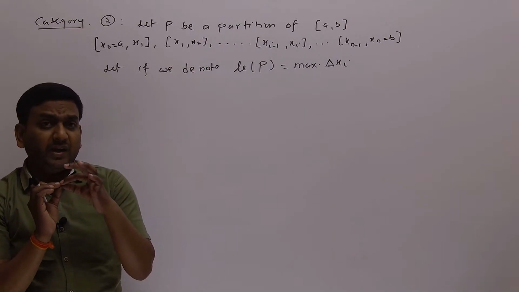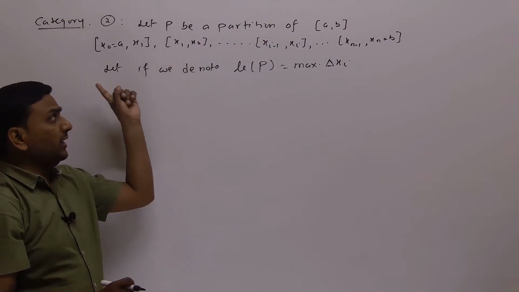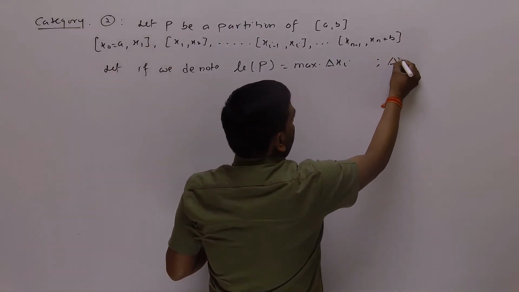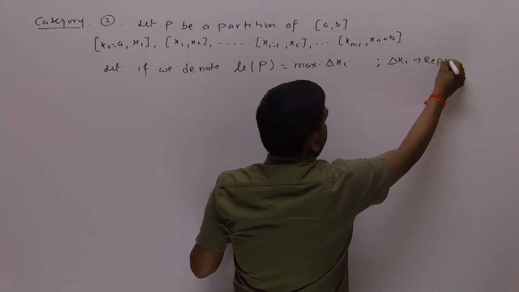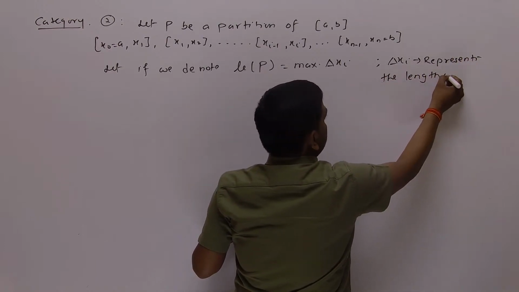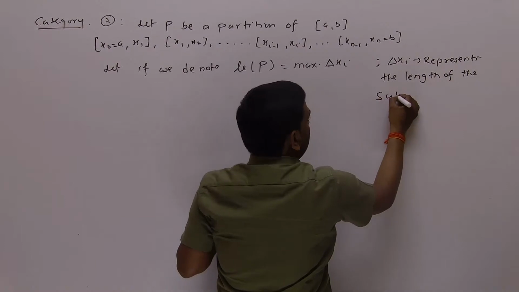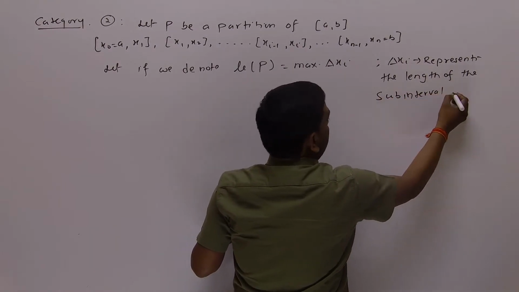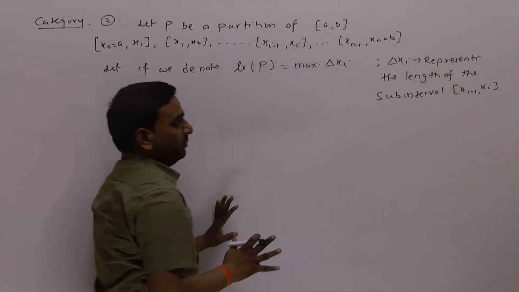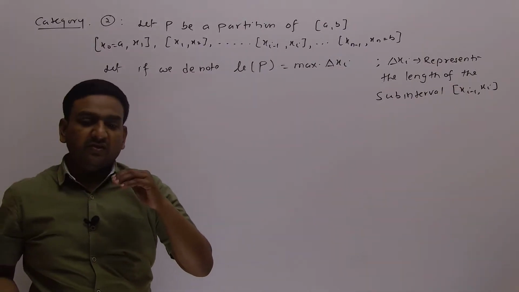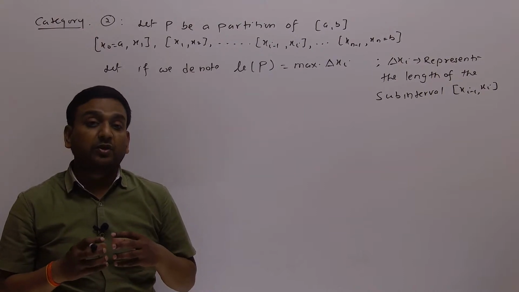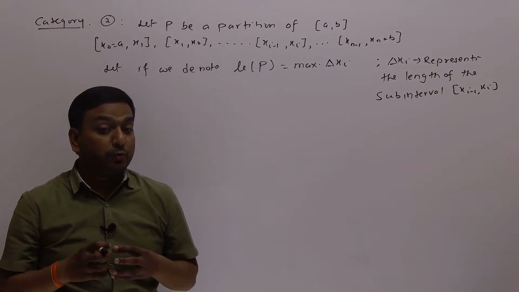Delta xi represents the length of the subinterval x(i-1) to xi, for example. Of all these subinterval lengths, the maximum length is what you have represented by the symbol mu p.